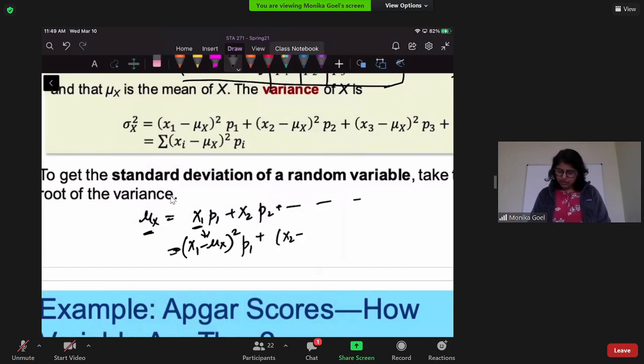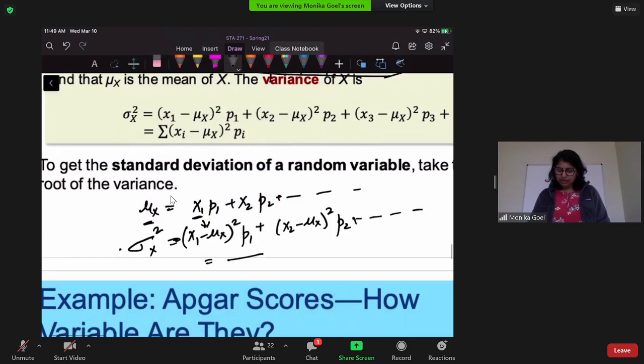Same thing, x2 minus mu x, do the square, times its probability, and then keep on doing. And that is your variance or sigma square. And if we need to find the standard deviation, once you calculate that answer, do the square root of that, you will get the standard deviation. So that is how we calculate variance.